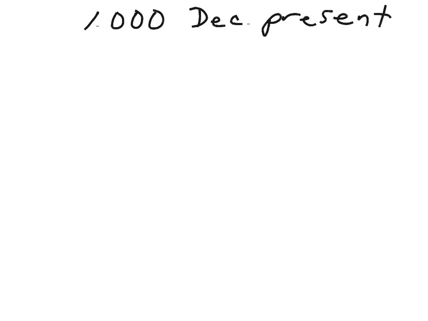So let's look at a couple of examples of how to do this. Let's start with the number 1.000. So we can see in that number that the decimal is present. And because the decimal is present, we're going to start at the Pacific.